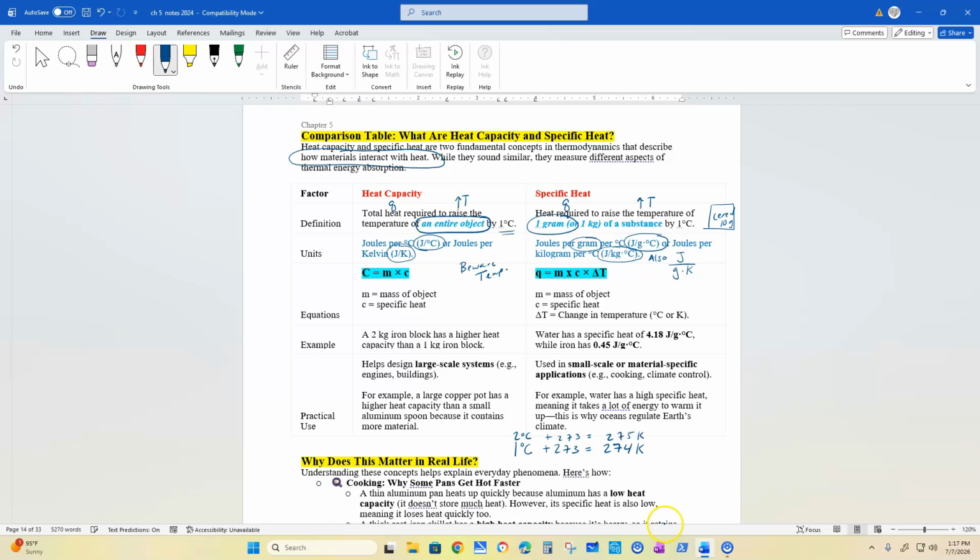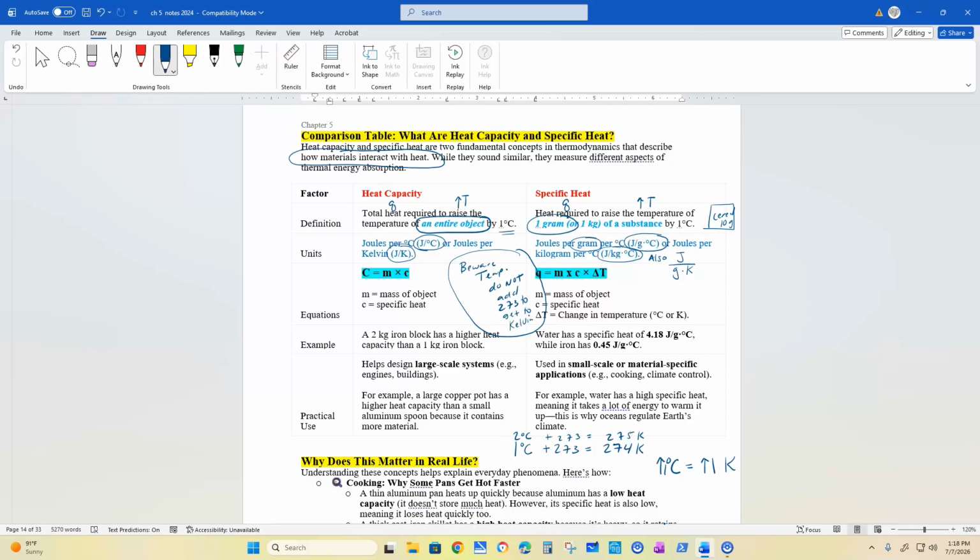When you have thermal chemistry, thermodynamics, do not add 273 to get to Kelvin. The reason why is that for every degree that you increase for Celsius, you also increase 1 Kelvin, so there's no reason why you have to add 273 to it. You can use Celsius or you can use Kelvin, but do not add 273 to it. And I'll show you in the math why.